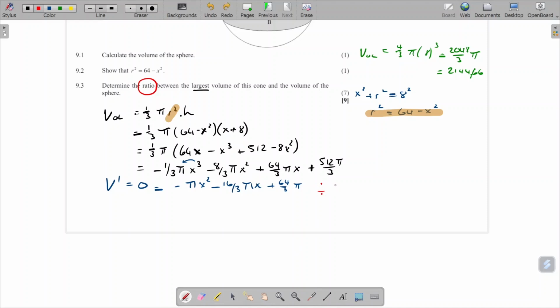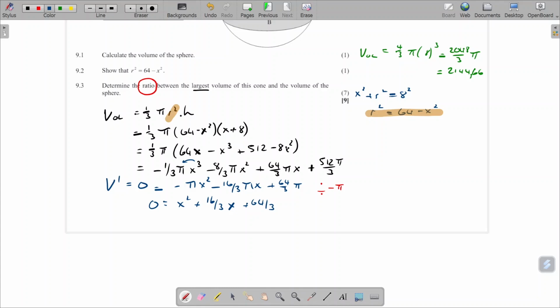What I'm going to get here is 0 equals x squared plus 16 over 3x plus 64 over 3. Again, I can choose to multiply through by 3, but otherwise I'm not going to be able to solve it easily.